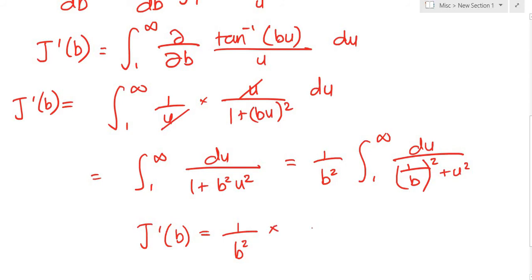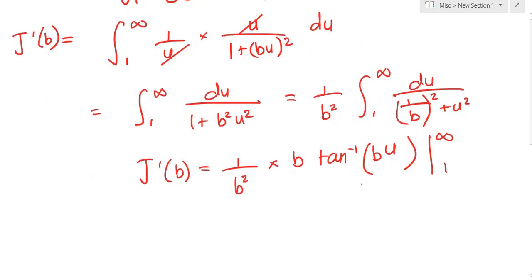So we have 1 over this coefficient that was within the square. So 1 over b is just b times the inverse tangent of the variable divided by the coefficient that was inside the square. So u divided by 1 over b is just b times u, but you evaluate it from 1 to infinity because it's a definite integral.